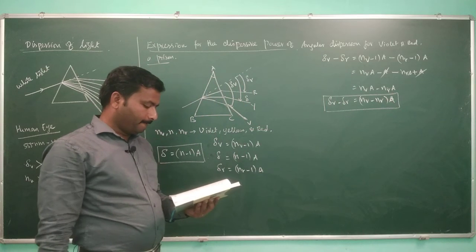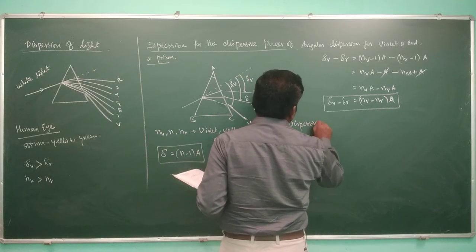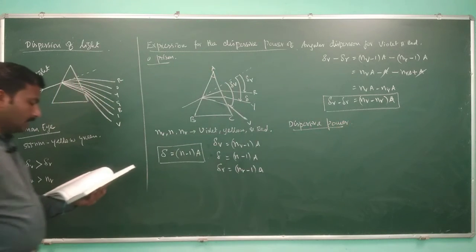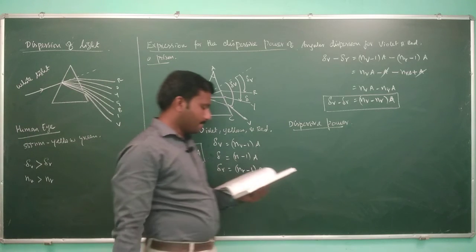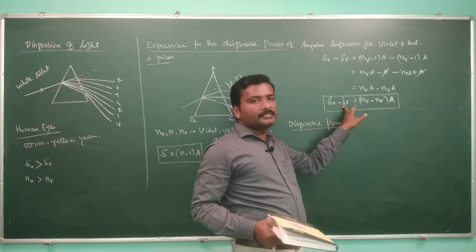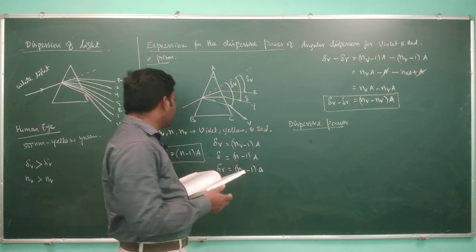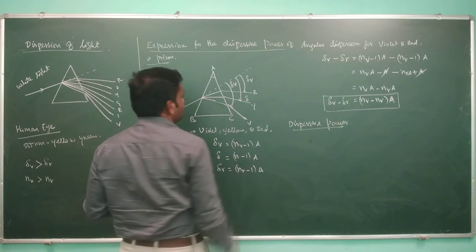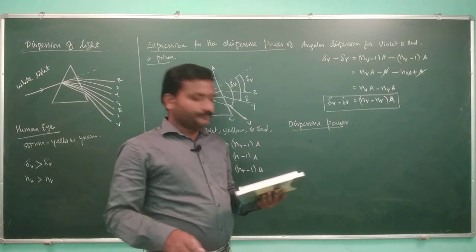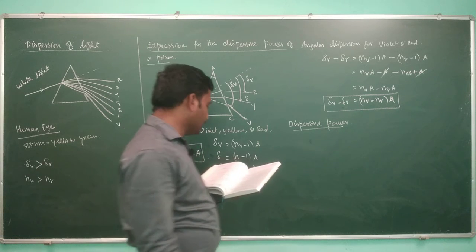Okay. Now, dispersive power. How to find the dispersive power? That is the beginning of this derivation. Dispersive power is the ratio of the angular dispersion of any two colors to the deviation of the mean ray. Here the deviation of the mean ray is delta. So it is the ratio between the angular dispersion of two colors and the deviation of the mean ray.